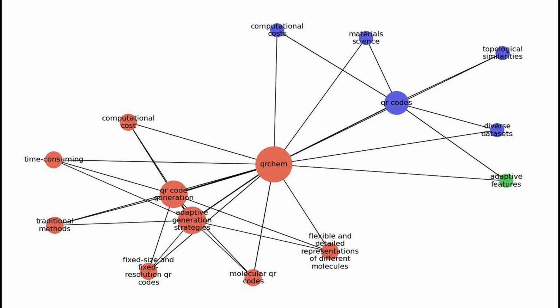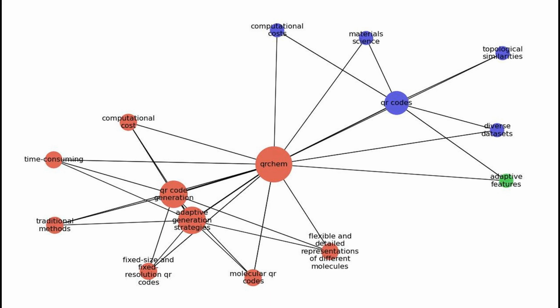Despite the advancements presented by QRChEM, several challenges and limitations remain in the adoption of molecular QR codes for broader applications in materials science. One significant challenge is the computational cost associated with generating QR codes.